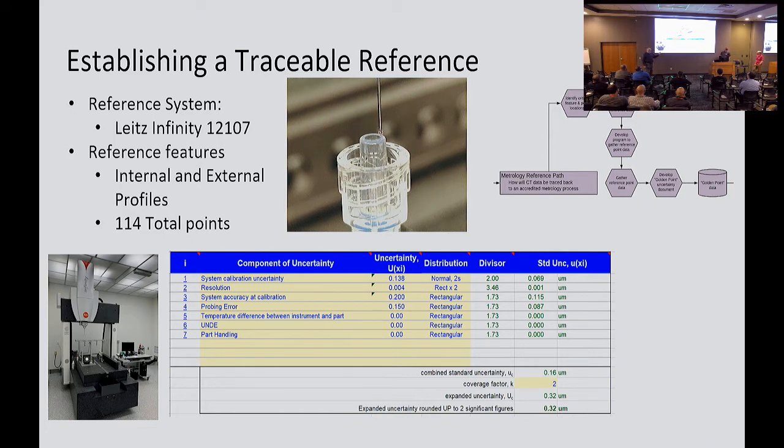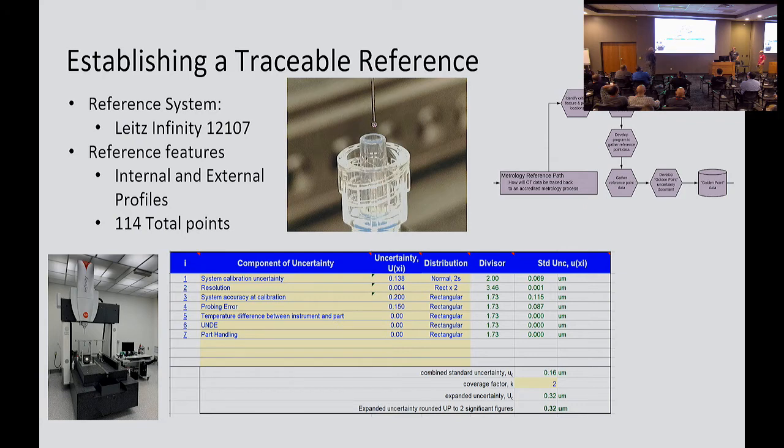So you can't CMM these things, but what you can do is find a certain number of features that can be measured with both the CMM and the CT system. So let's look at those common features and see how the CMM and the CT correlate to one another.